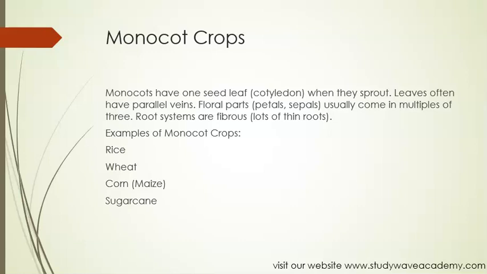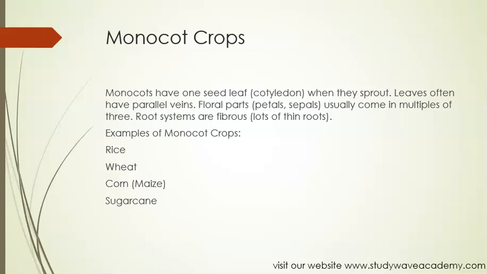It begins with a single leaf. Sugarcane. Sugarcane is used to make sugar and is a monocot plant. It starts with one tiny leaf too. Okay? So these are examples of monocot crops.